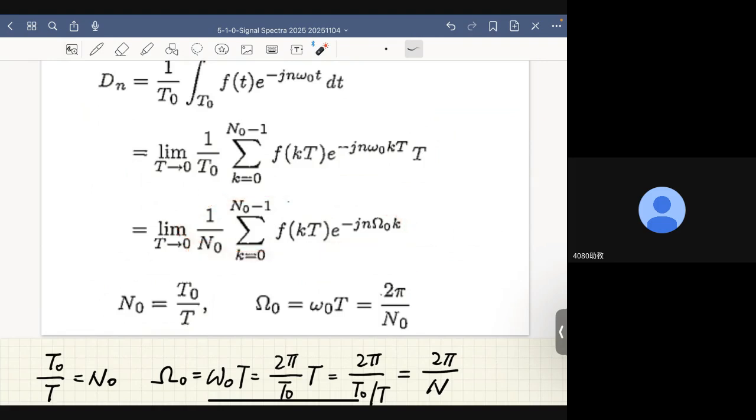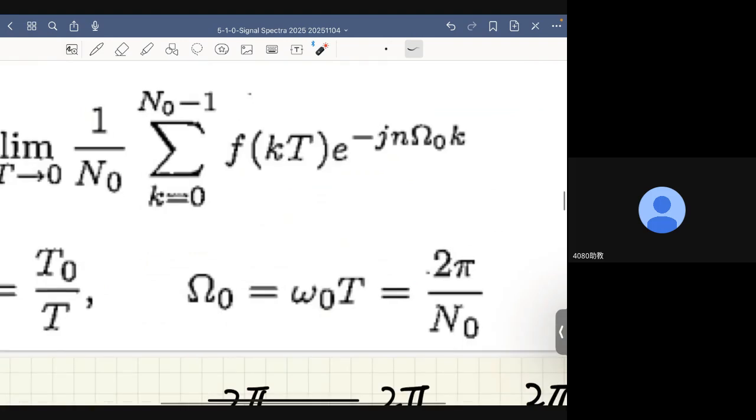One thing I forgot to mention is that here I introduce a new variable, which is capital omega 0. And capital omega 0 is defined as the product of omega 0 times T. Now, one step at a time. What is omega 0?